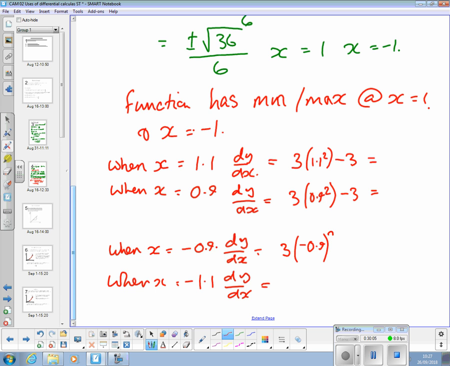Be careful with that. You need to bracket that term before you square it on your calculator. Minus 3, and 3 times minus 1.1 all squared minus 3.